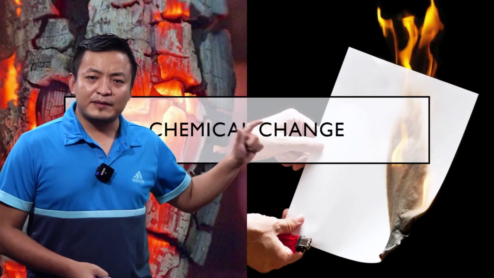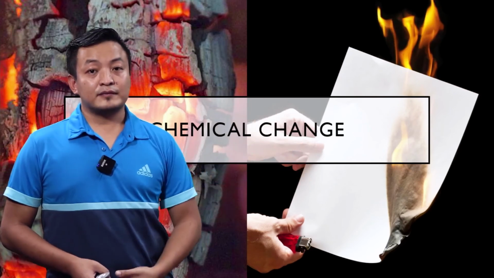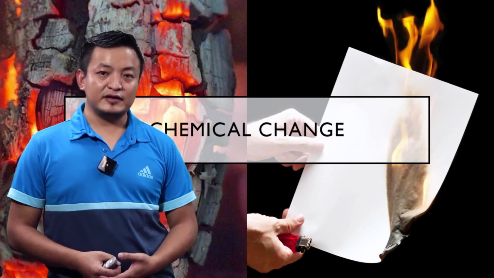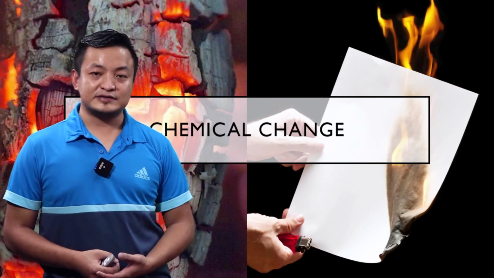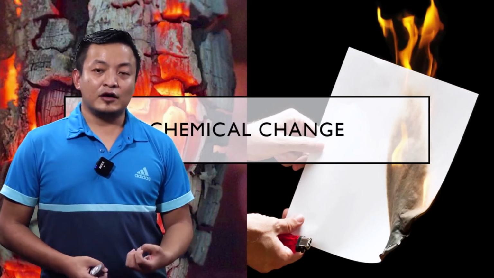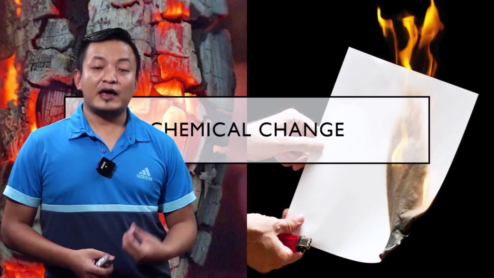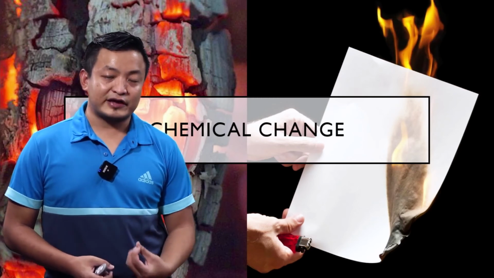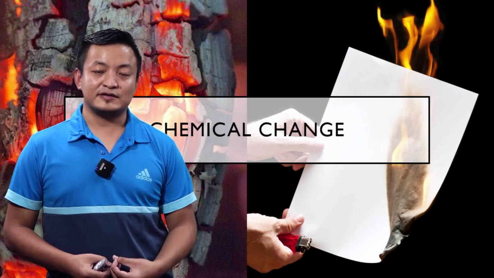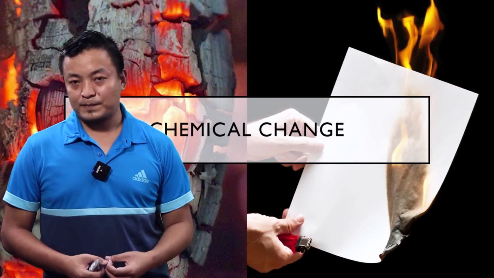And in chemical change, in chemical reaction, evolution of gas takes place. Absorption or release of heat also takes place. Absorption of light also takes place. Change in color also takes place. And we are going to see examples for all of this.